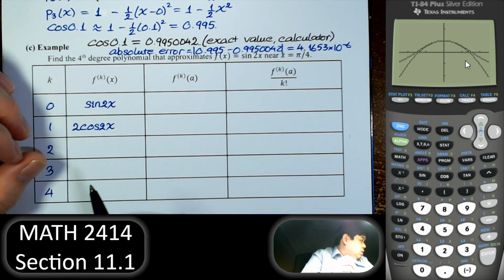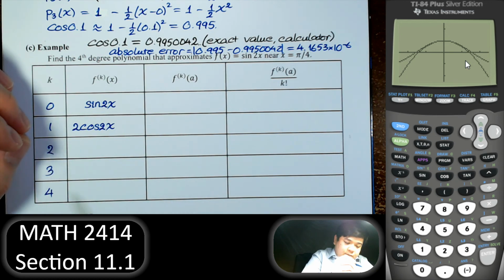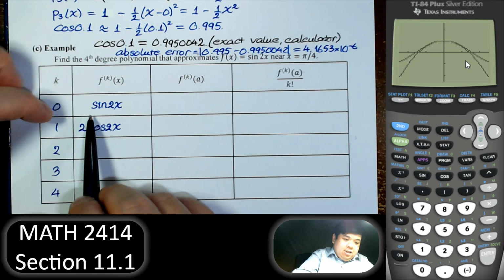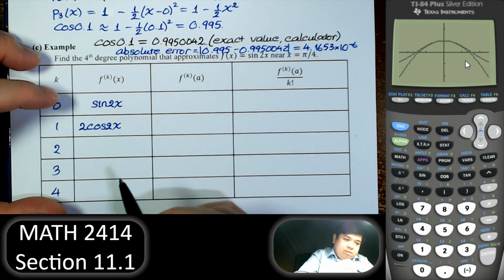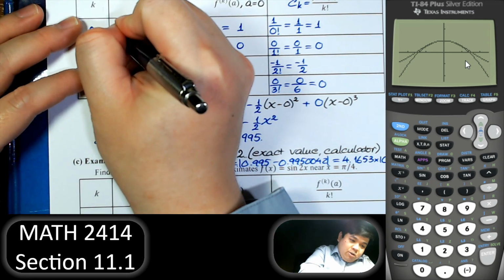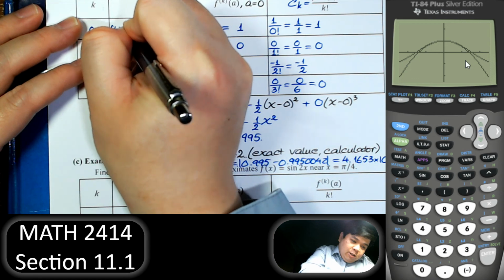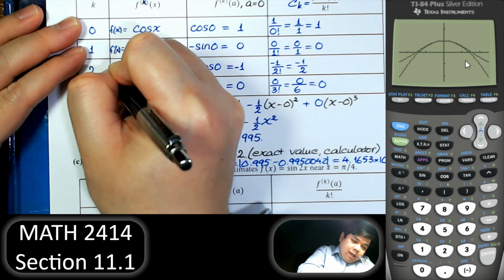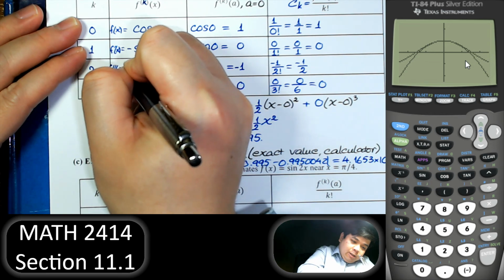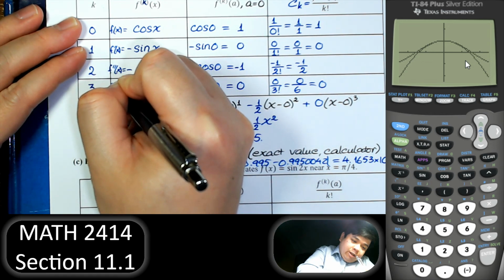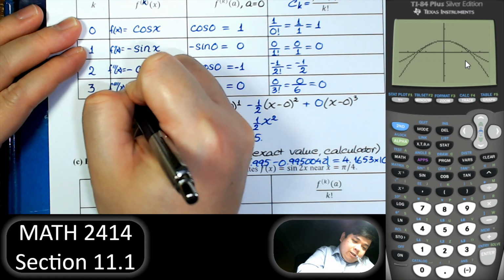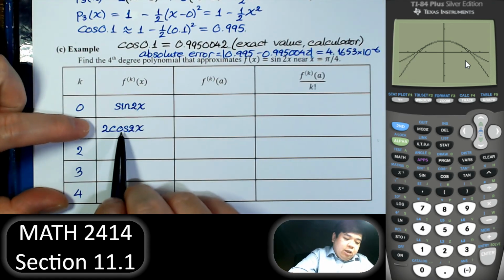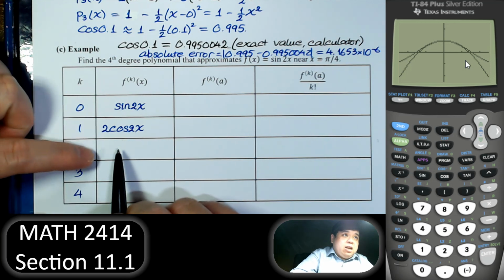So this is the function. This is the first derivative. Let's just denote here: function, derivative, second derivative, and third derivative. Right, so function, derivative, and then just keep taking the derivative.